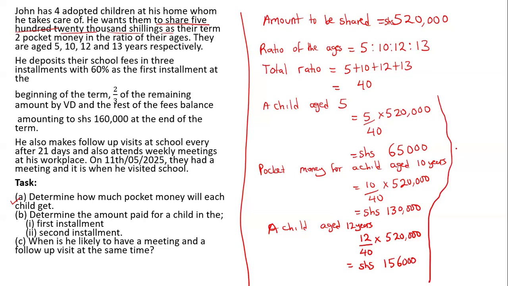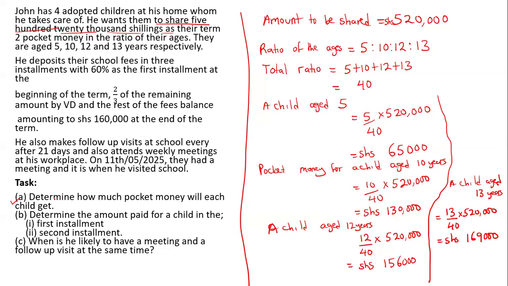A child aged 13 years. So I will say 13 out of 40 times the 520,000. So this will give us shillings 169,000.